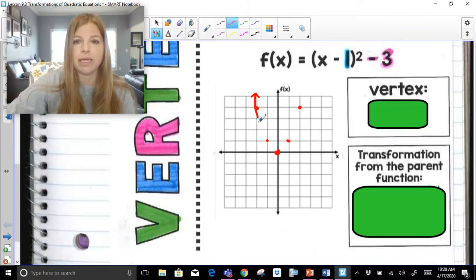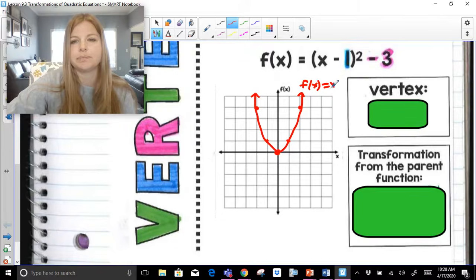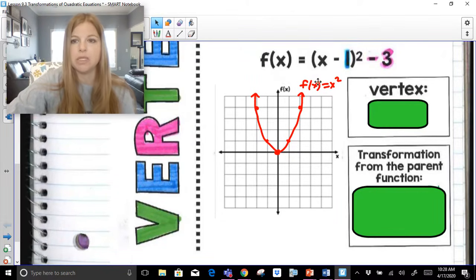If I was to just graph my parent function, this is it. It's simply f of x equals x squared. But now I want to graph this new function that we're given. So I need to figure out the vertex.